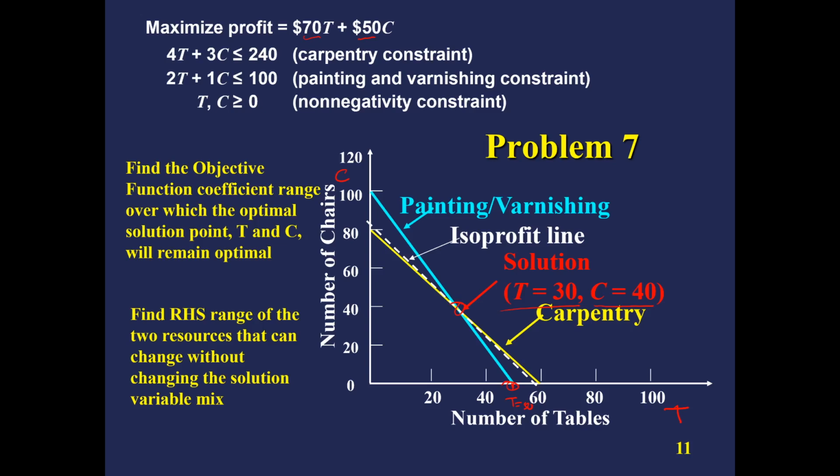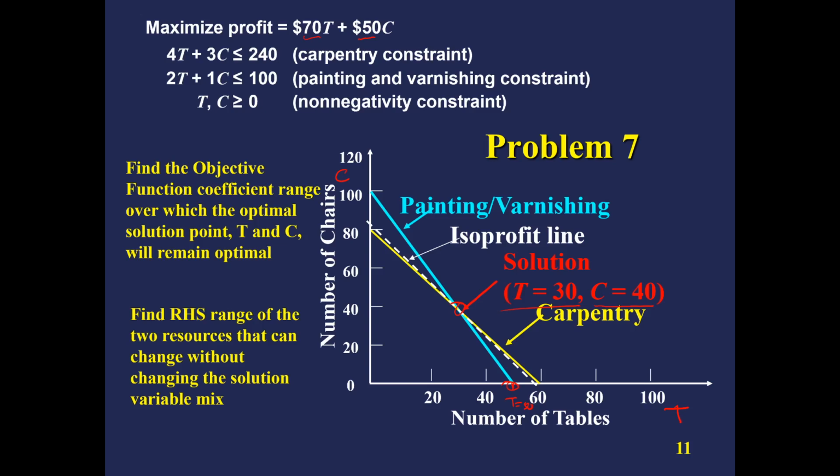We plug in these values, T is equal to 50 and C is equal to 0, in the constraint to get Q1 minimum.